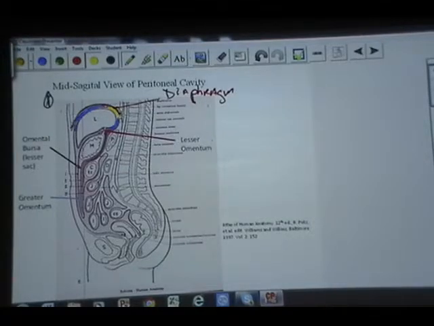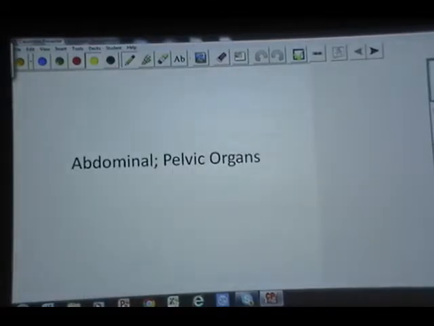Okay, all right, so let's move on to the organ systems that we see in this area. The abdominal pelvic organs. Now remember, this whole cavity is called the abdominal pelvic cavity. The abdominal cavity proper ends in what we call the pelvic rim.